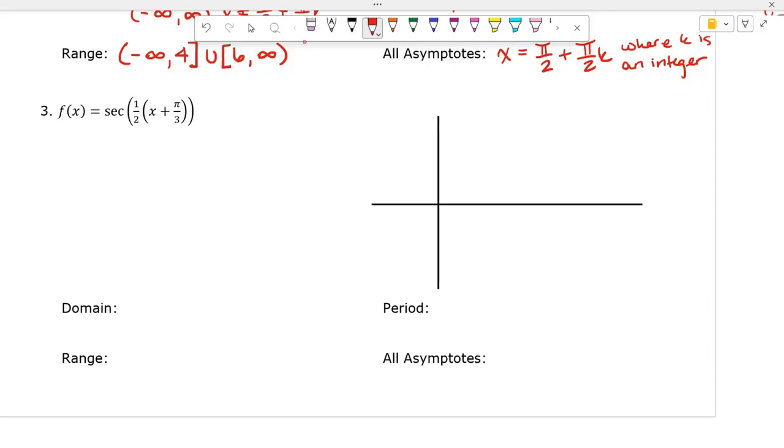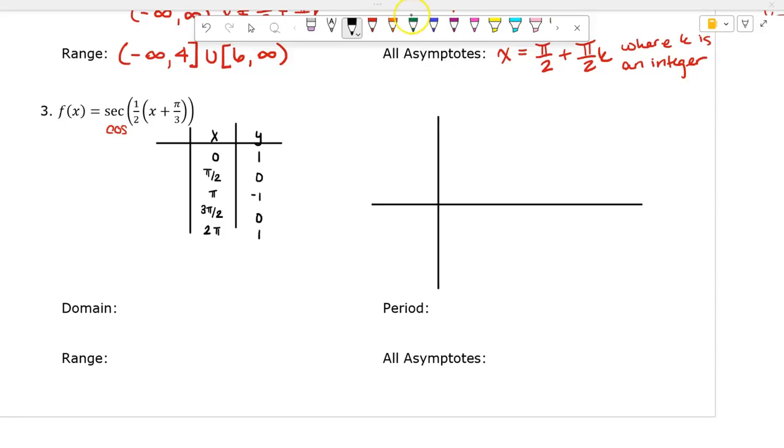So I'm going to treat this as if it's cosine, and let's create the table of values that I would have created. This is what I would have if it was cosine. Then let's apply these transformations. With this 1/2, remember, I do the opposite of what I see, so I'm going to be multiplying by 2.